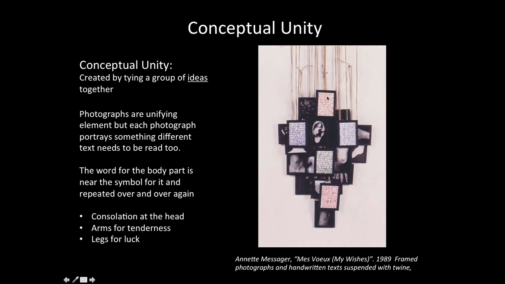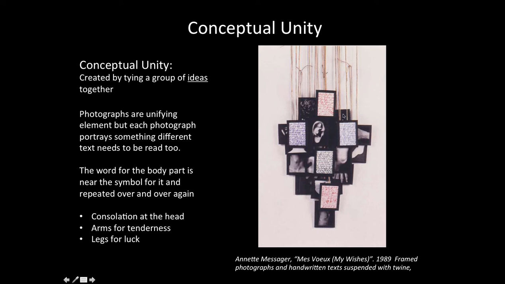In this, the photographs are of different parts of the body. And then next to the body part, the symbol for the body part, are these small little frames that repeat the word over and over again. So head, it's consolation, arms are for tenderness, and legs are for luck.